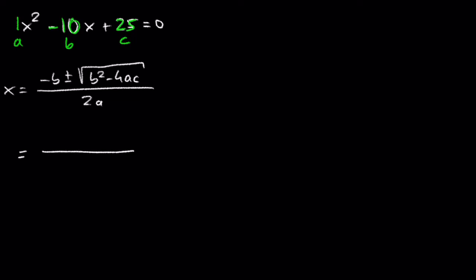So we get negative 10 plus minus the square root of negative 10 squared minus 4 times 1 times 25. And 2 times 1.